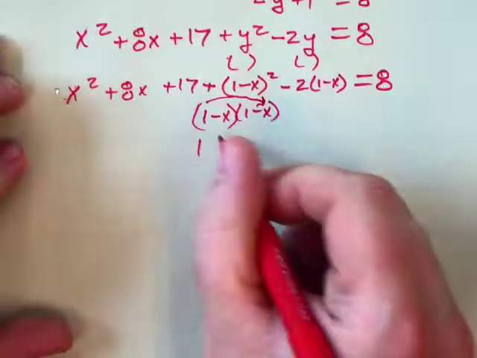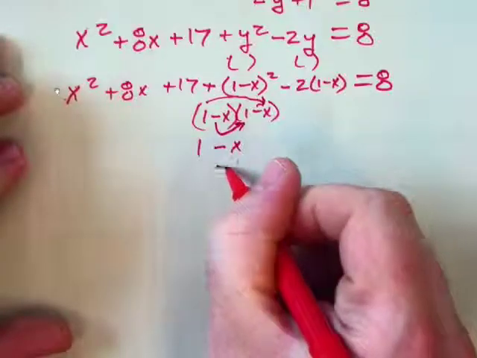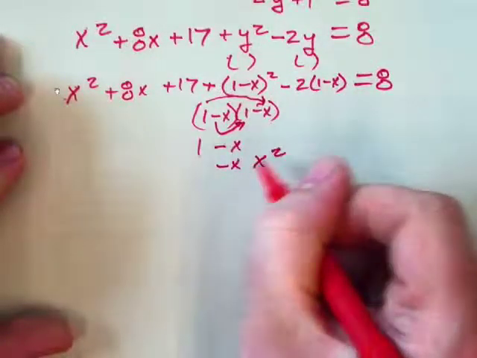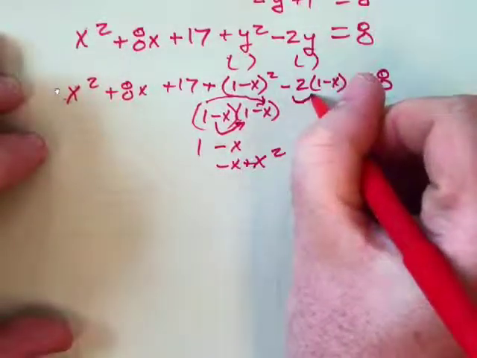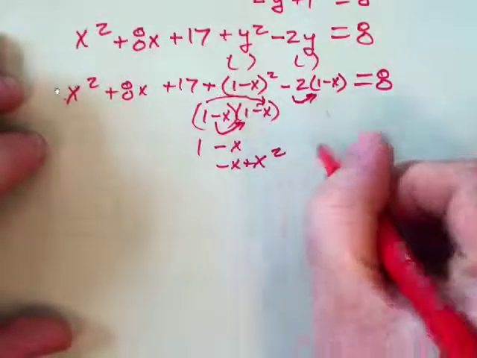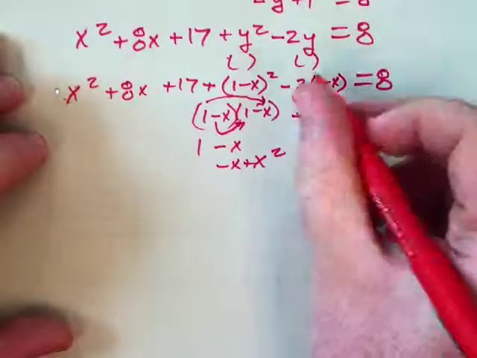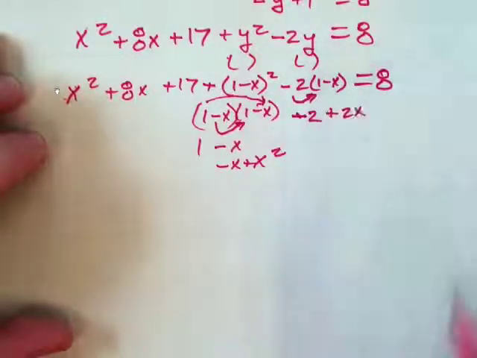Negative x times 1 is negative x. Negative x times 1 is negative x. Negative x times negative x is positive x squared. We're also going to multiply that out: negative 2 times 1 is negative 2, and negative 2 times negative x is a positive 2x.